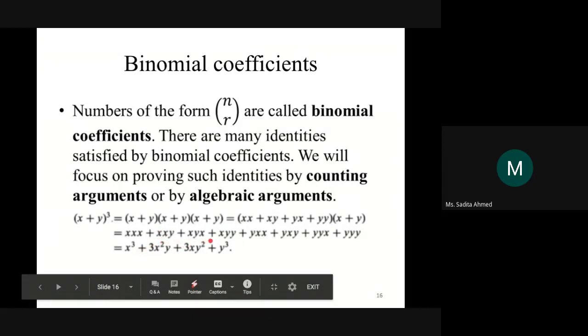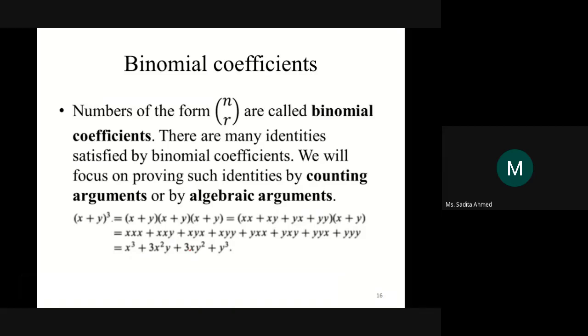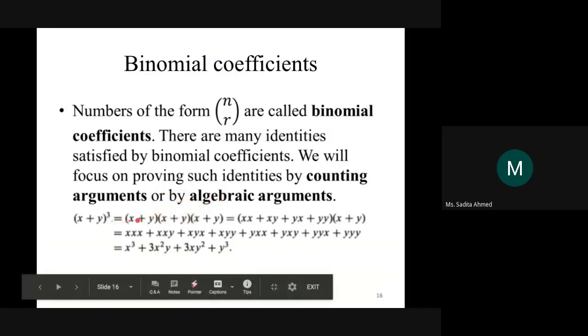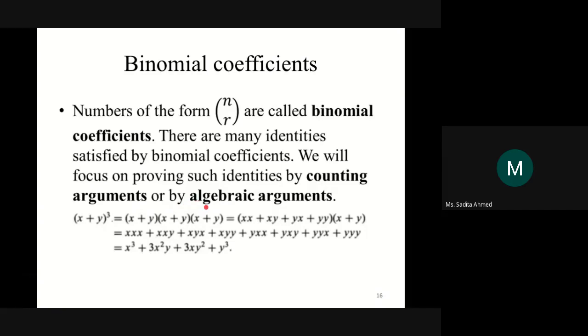For xy square as well, how many ways are there in terms of combinatorics to choose 1 x from these 3 sum terms? How many ways are there to choose x only once from these 3 sum terms? 3C1, exactly.